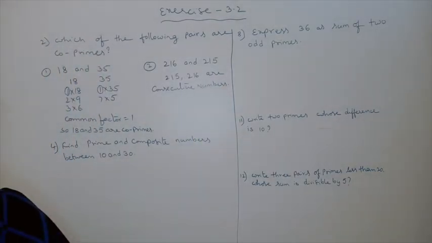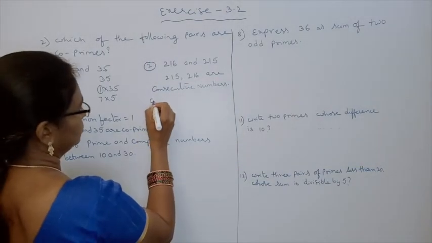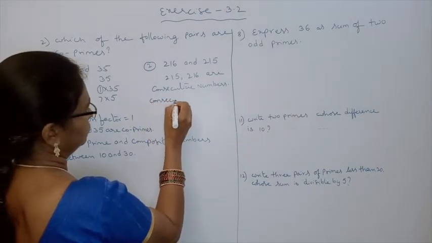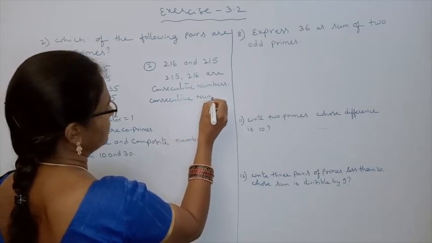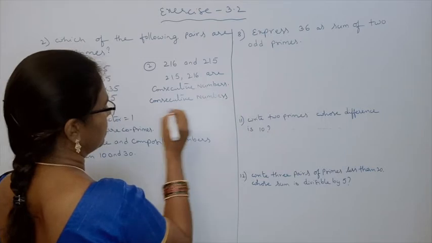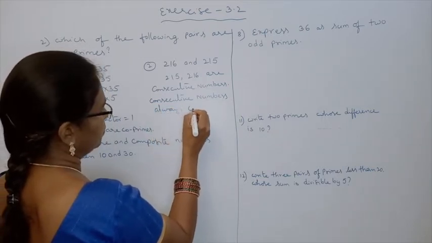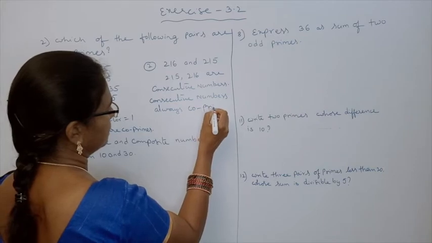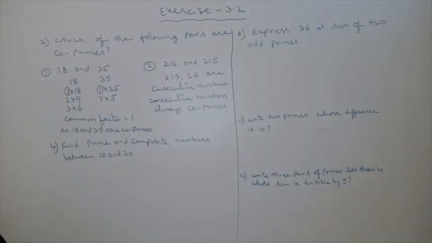Two consecutive numbers are always co-primes.